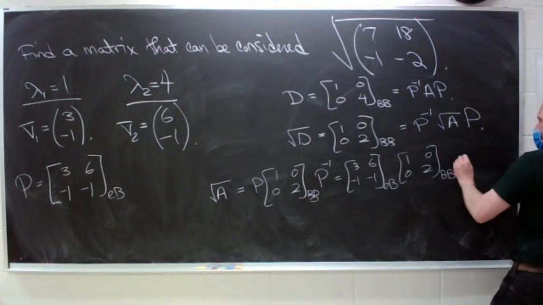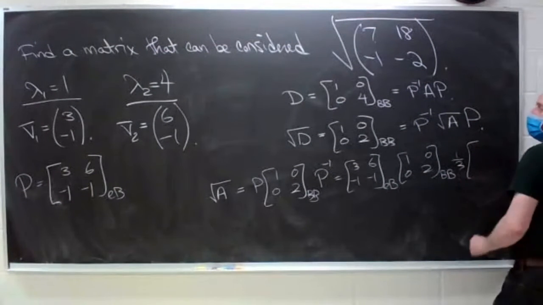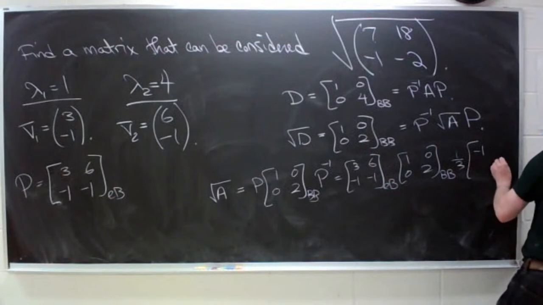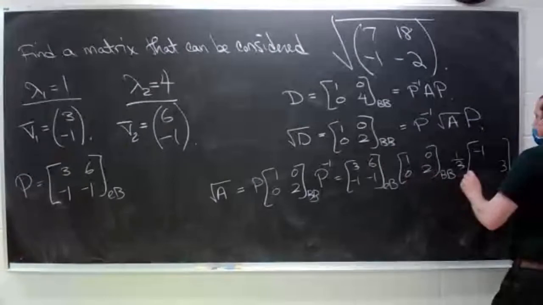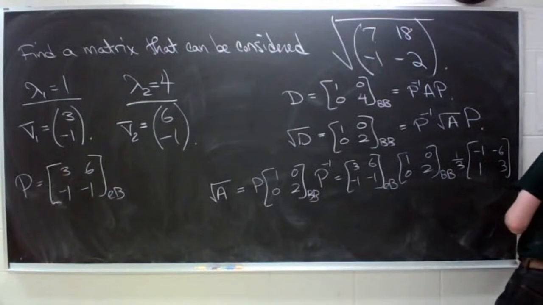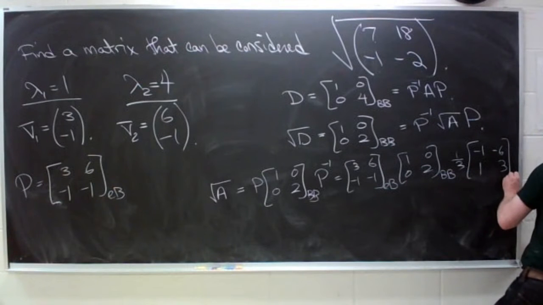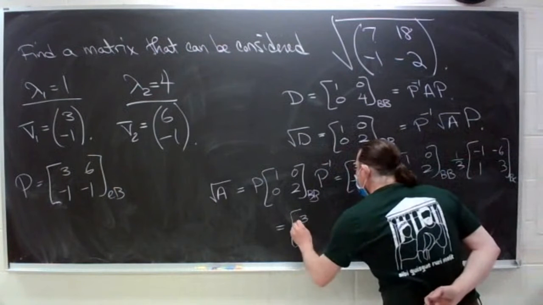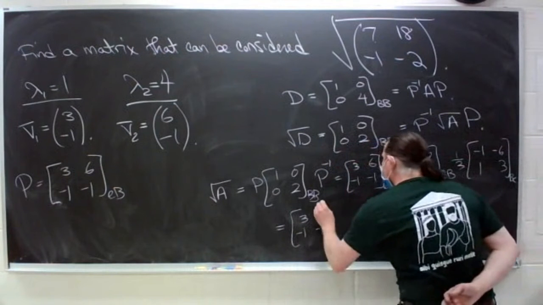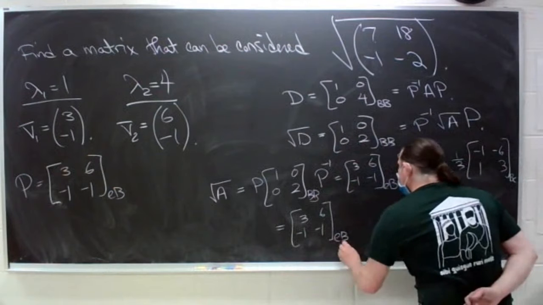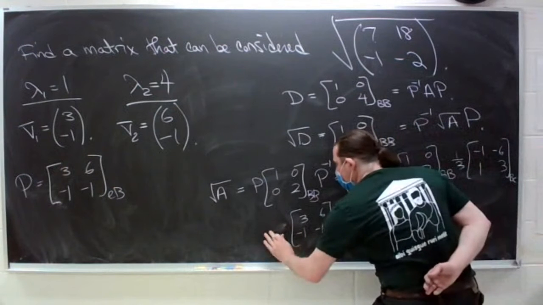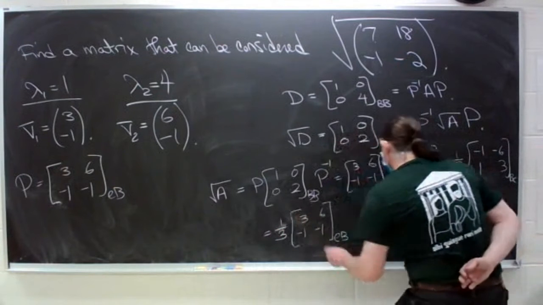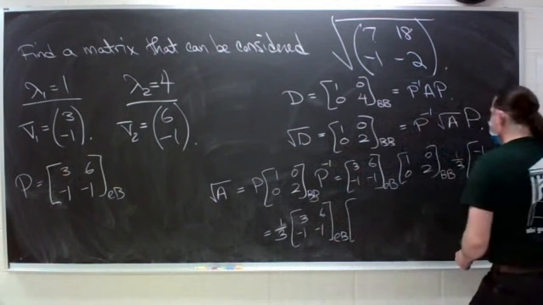All right, what's my inverse? 1/3. Swap, negate. All right, and then that's going to be BE. So what do we got? Oh, I forgot my 1/3. All right.